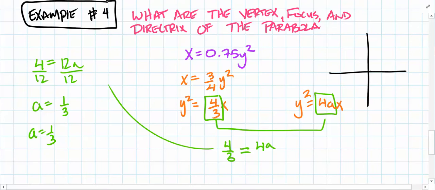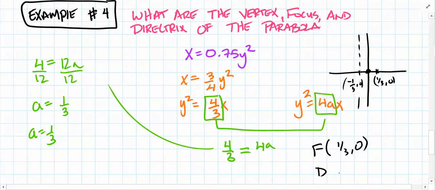I go 1/3 over, 1/3 comma 0, and then I go back, negative 1/3 comma 0. So this is going to be my directrix, and this is going to be my focus. To answer the question, the focus will be at the point 1/3 comma 0. The directrix will be the line x equals negative 1/3. So there we go. I found the vertex, the focus, and the directrix.